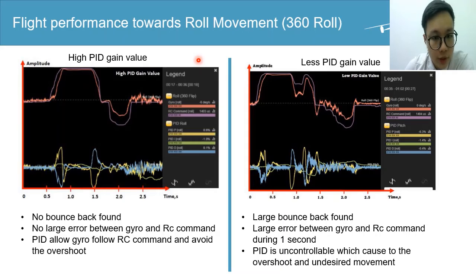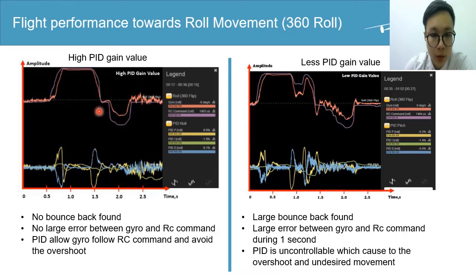This is the result of a 360 degree roll, and all the results are analyzed based on the roll axis only. The gyro starts to rotate from here, then finishes the rotation and goes back to the initial flying status. Same as before, the red color represents the gyro and the purple color represents the RC command.